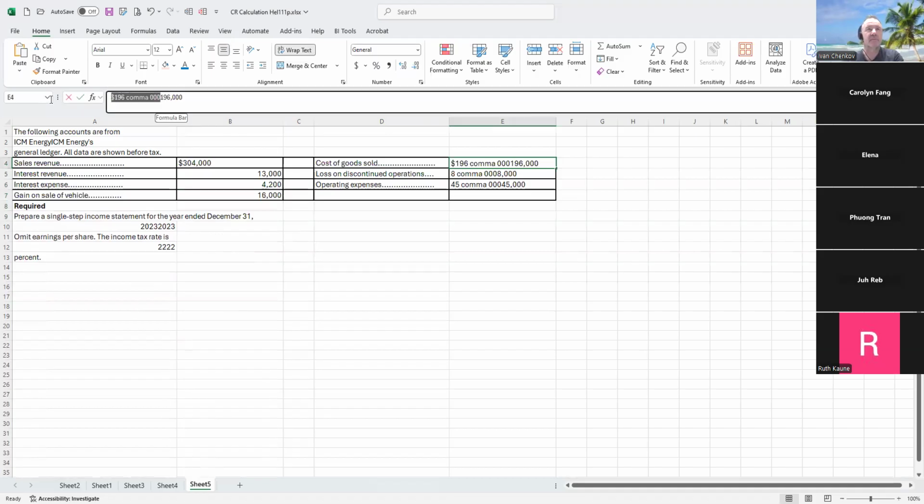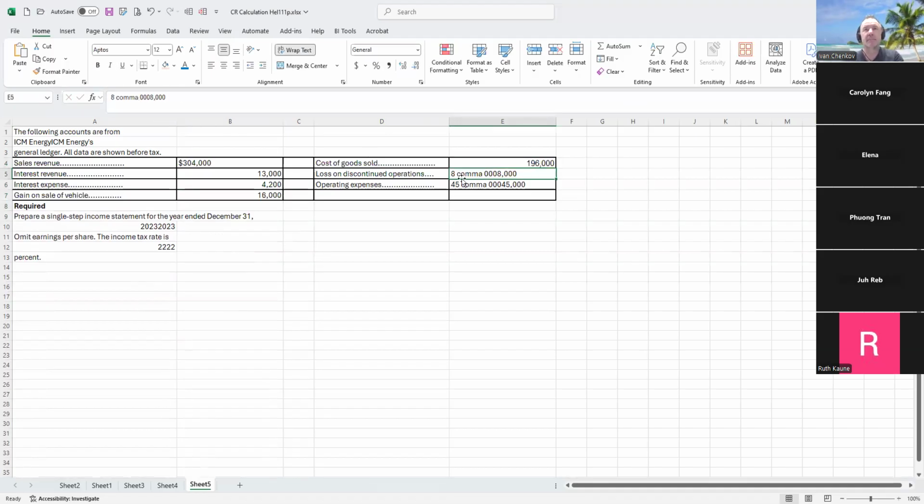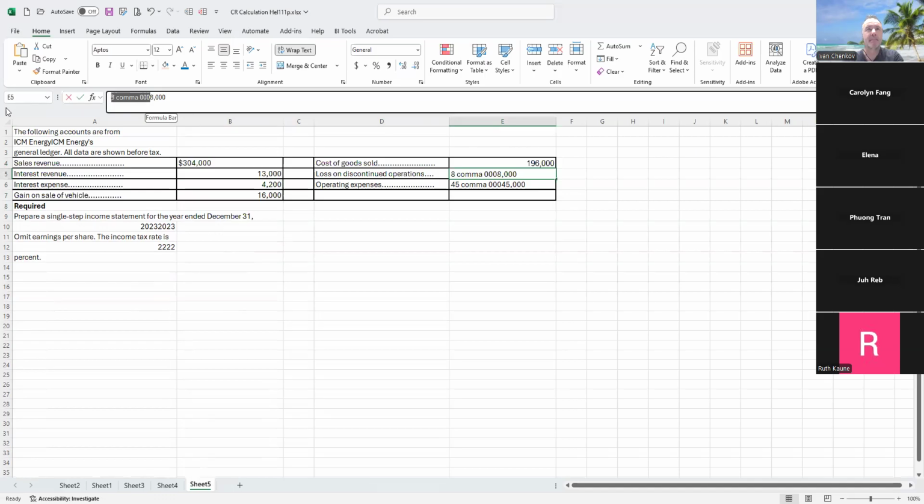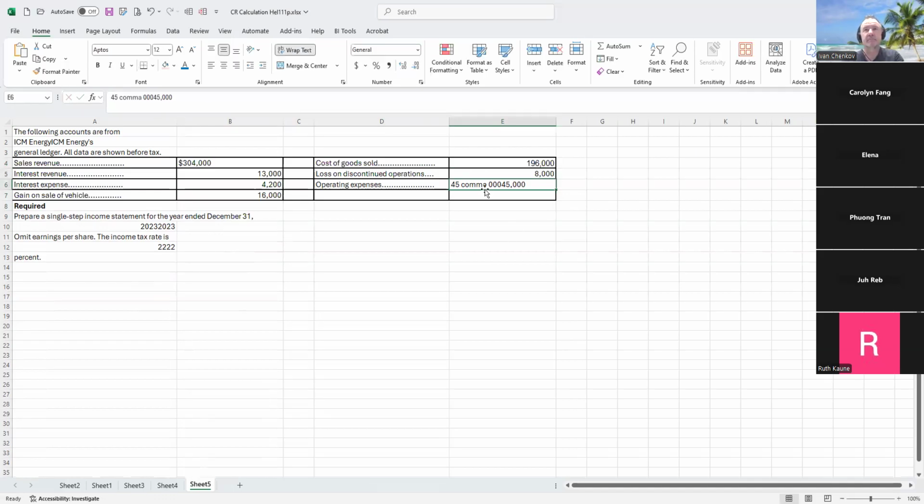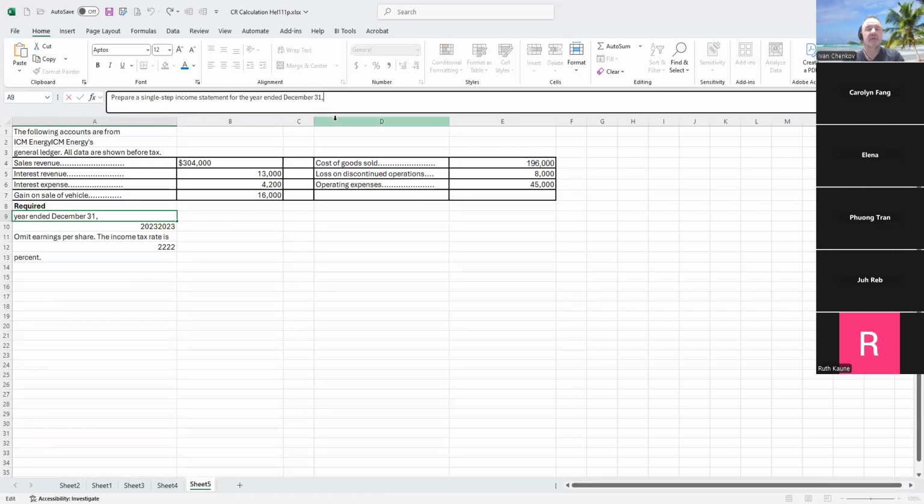Probably you already sense where we're going with this one. You have to prepare a single step income statement for the year ended December 31st, 2023.